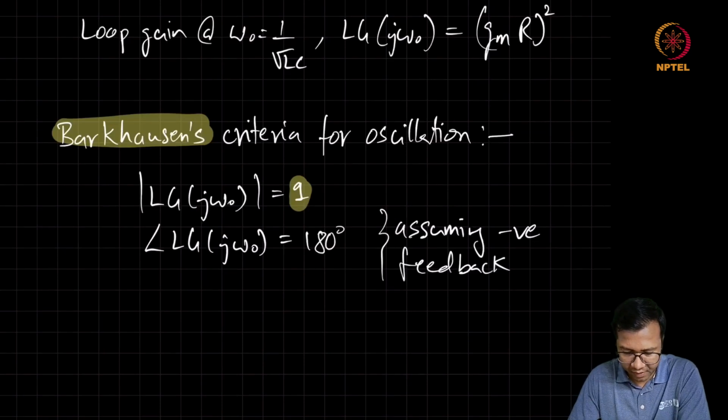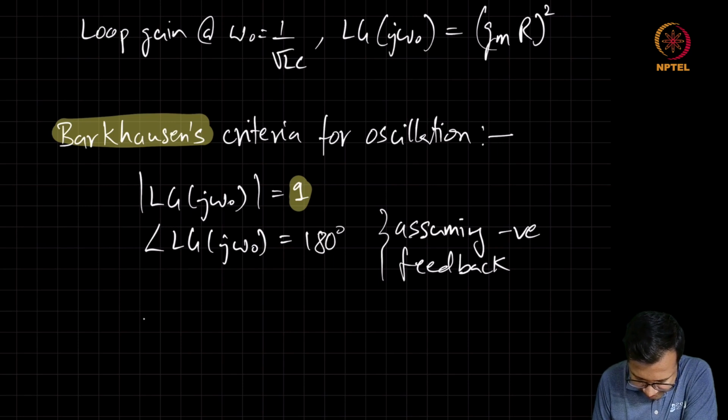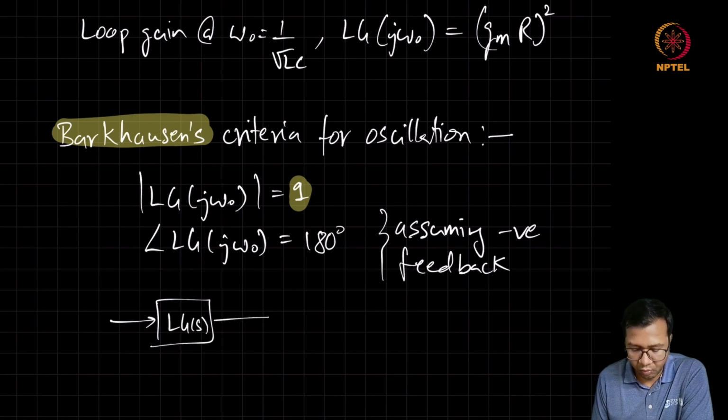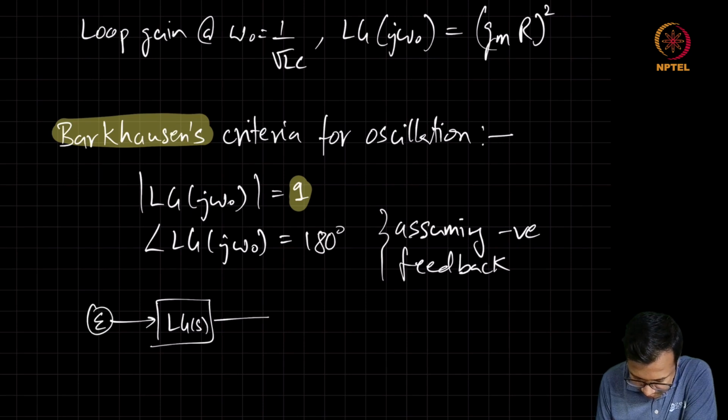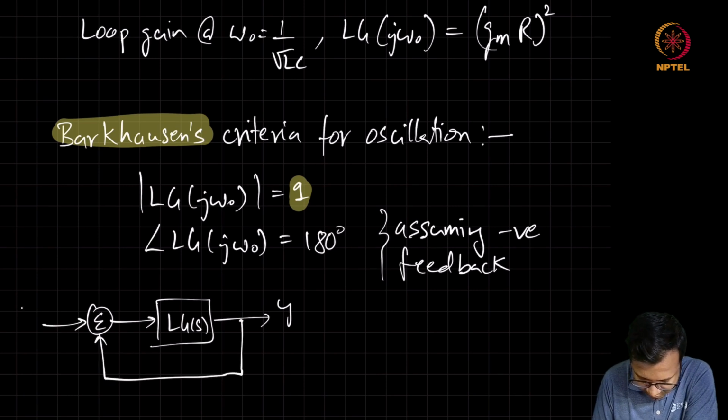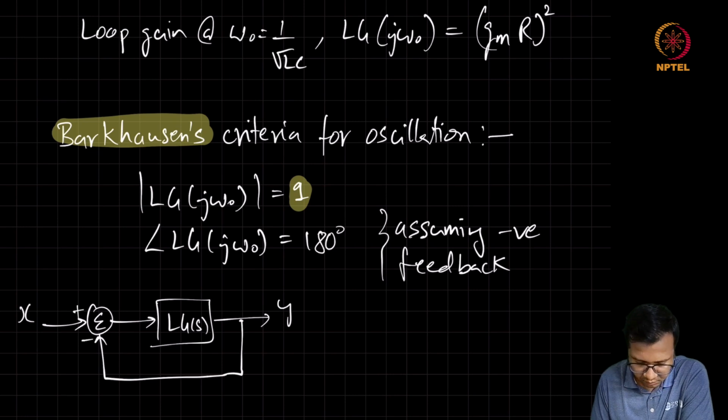So this Barkhausen's criteria means that if you have a feedback system, let's say which has a loop gain of Lg, and the feedback is with negative polarity, then for sustained oscillations at the output, we want this loop gain to have a phase shift of 180 degrees.